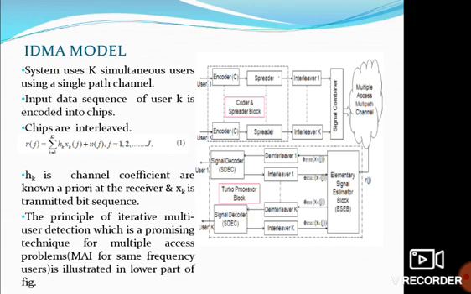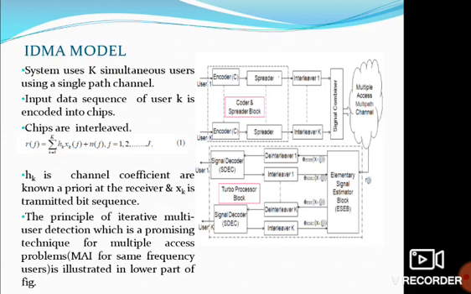This is the IDMA model. Here we are using K simultaneous users, which are using a single channel path, as we have seen in the diagram. Multiple access technique and multipath channel. Here the data sequence of user K is encoded into chips.